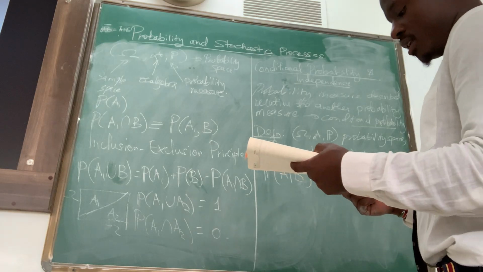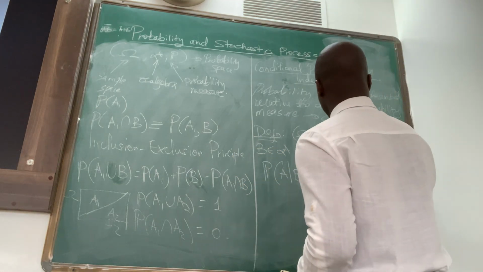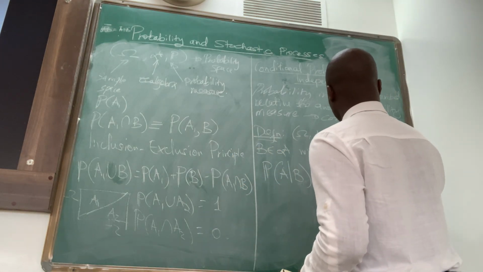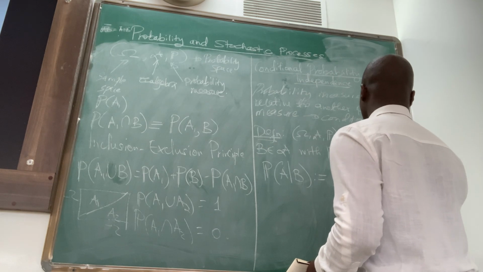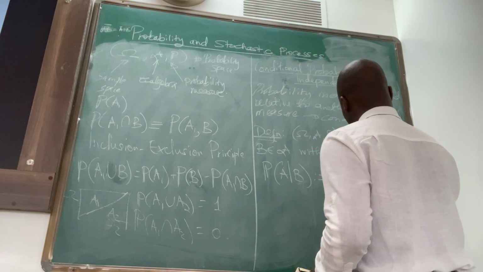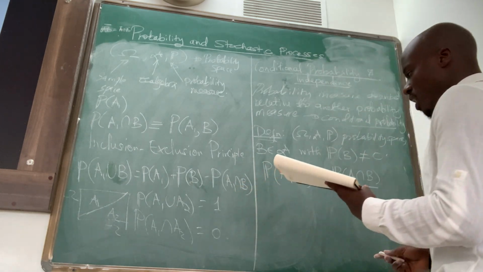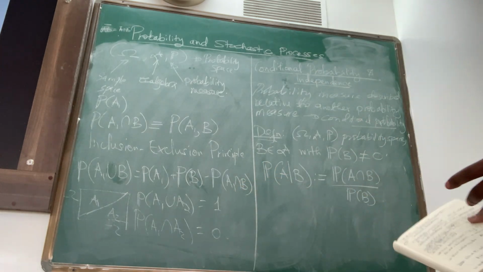We're going to define it by probability of A intersection B over probability of B. So that's the definition.